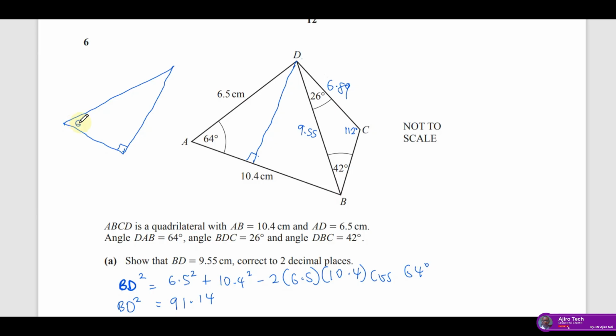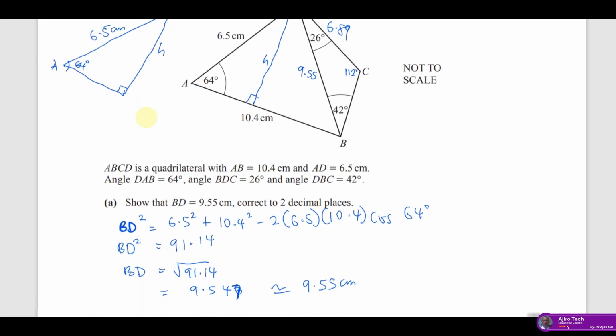90 degrees, 64 degrees, 6.5 centimeters here. This is point D, this is point A. You can find this distance, let me call it H. So that H is facing angle 64. It's a right angle triangle, so you can apply trigonometric ratio.